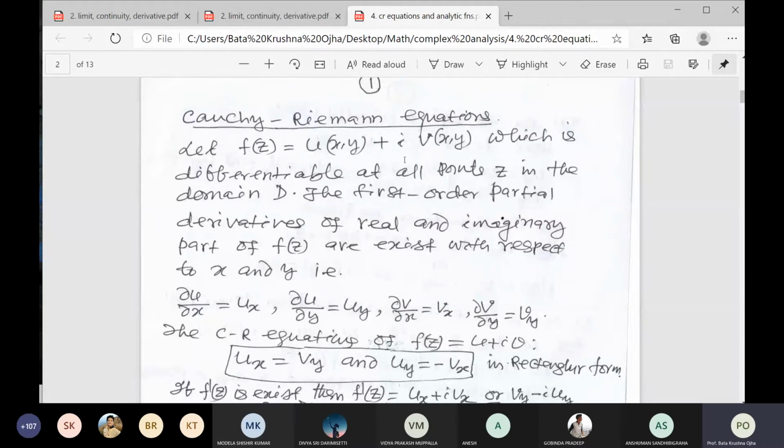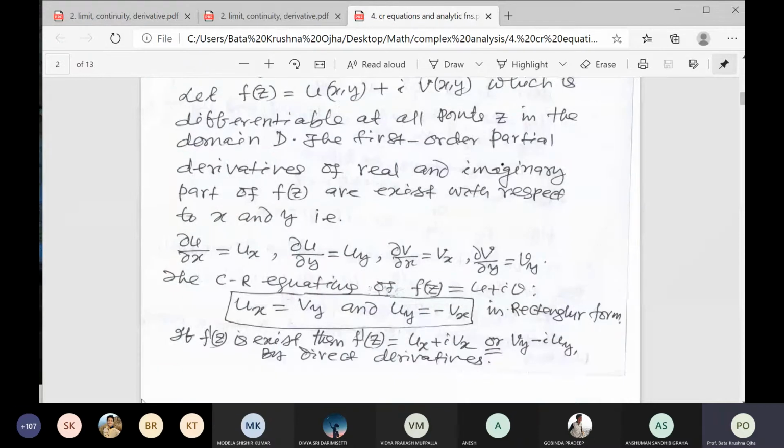What are the first order partial derivatives? Since u and v are functions of x and y, del u by del x denotes the first order partial derivative of u with respect to x. For the total derivative we take the dash, or double dash or triple dash, meaning first order derivative, second order, third order. Here we take the partial derivative.